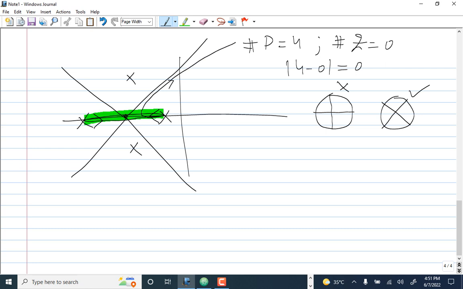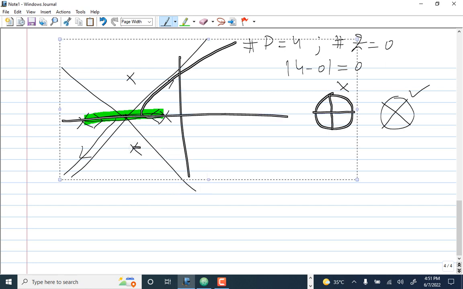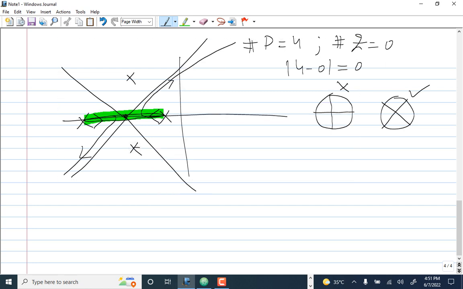Okay, similarly this branch will follow the root locus going in that direction, and this branch will follow the root locus in that direction, and similarly this branch will go in that direction.